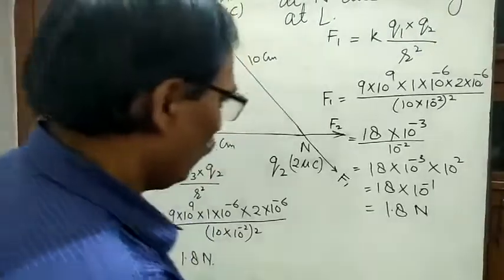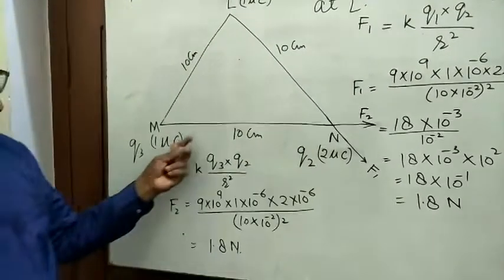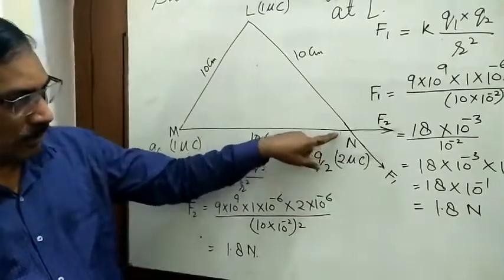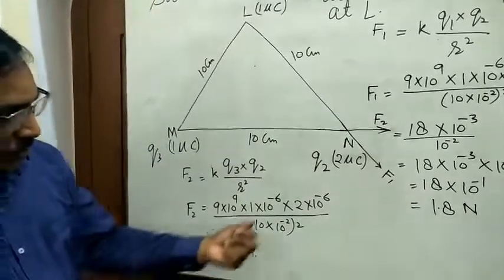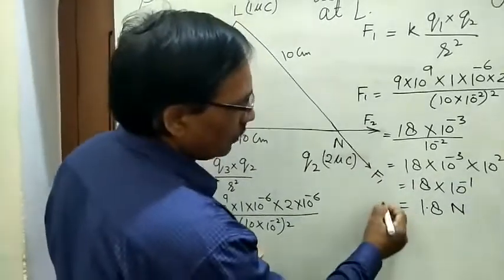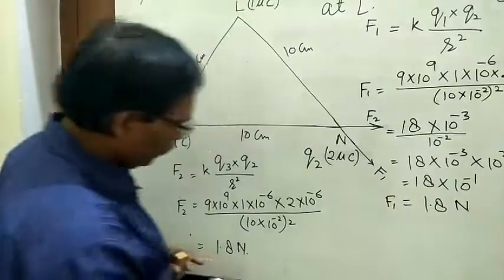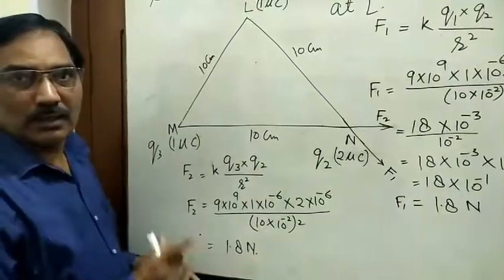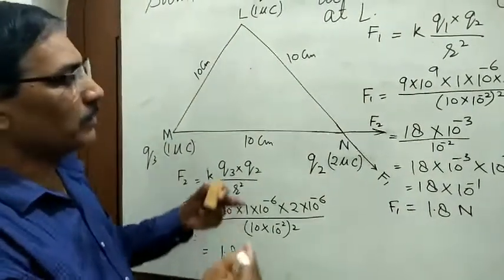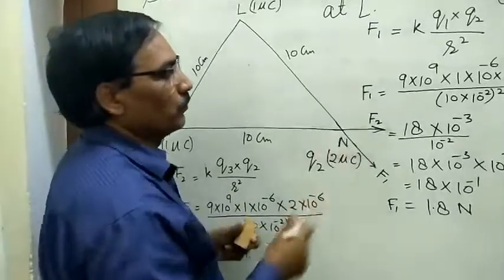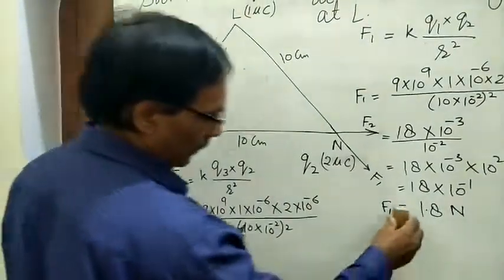Now we have two forces acting on the charge at point N. F1 is equal to 1.8 Newton and F2 is also 1.8 Newton. Now what will be the resultant force of these two? We will calculate the resultant force.